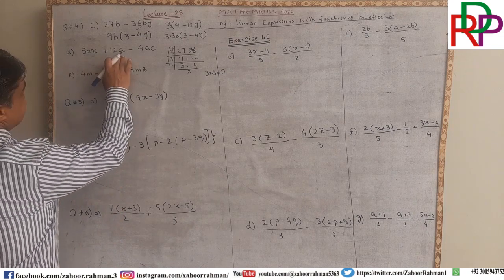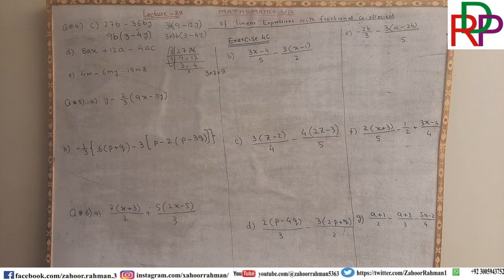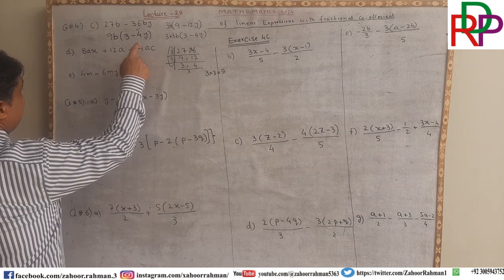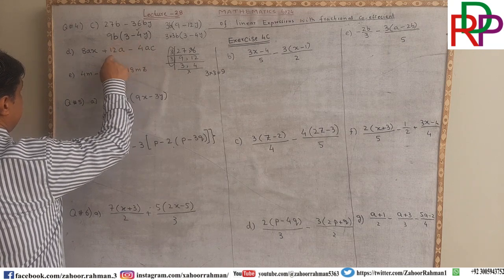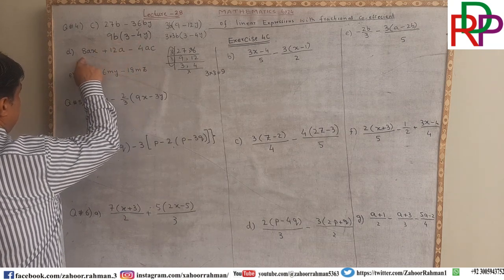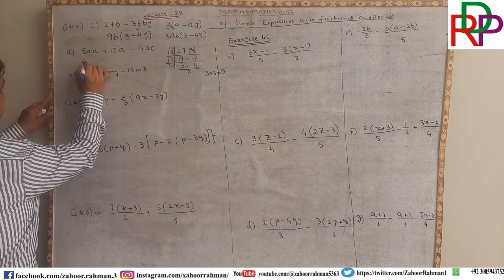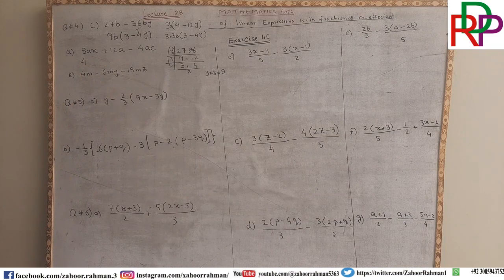Now the next question: I am seeing what can be taken as common. 4 is here, 4 is here, 4 is here. Yes, 8 comes in the table of 4. So you have to take 4.